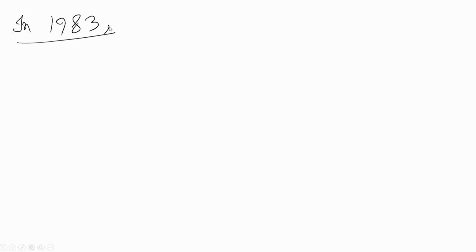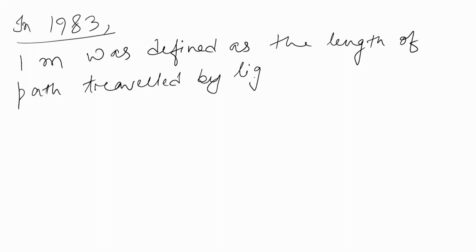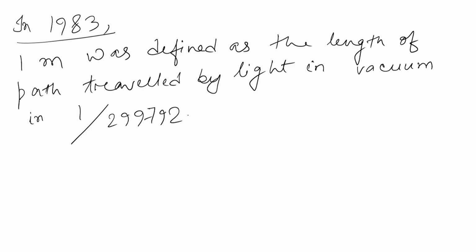So, in 1983, 1 meter was defined as the length of path travelled by light in vacuum in 1/299792458 of a second.